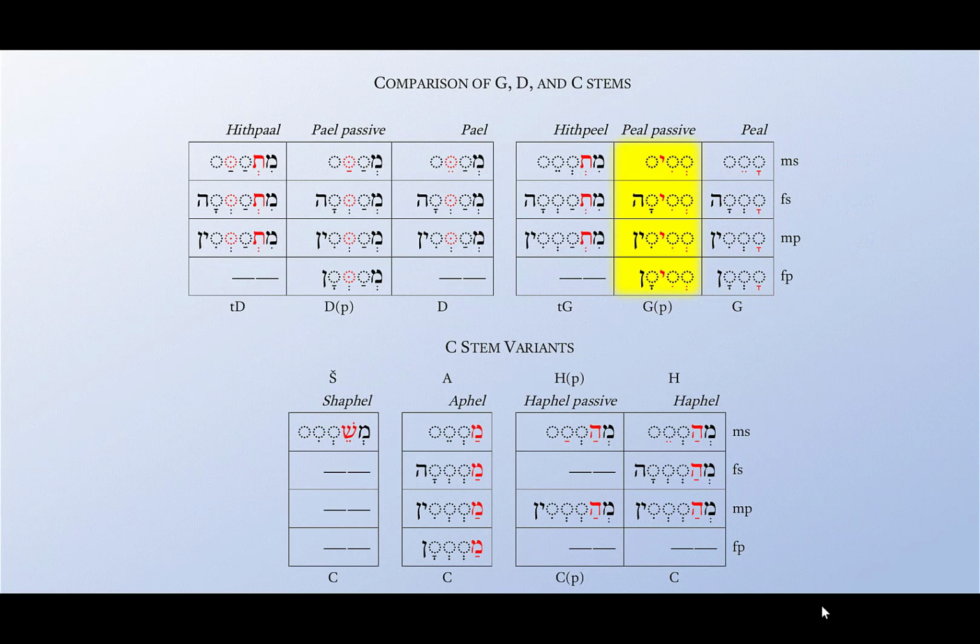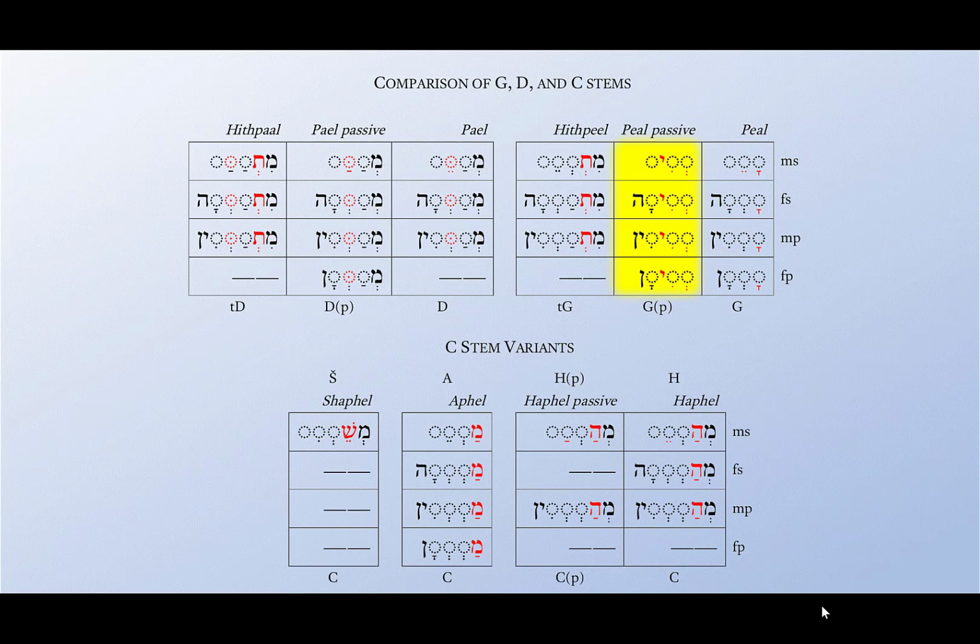Now we move over to pa'al passive. Now interestingly, it looks like in the masculine singular form that this is the same vowel pattern as pa'il, the internal passive form. And that is correct. The masculine singular pa'al passive participle is indeed identical to the pa'il perfect third person masculine singular that we'll see in the next lesson.